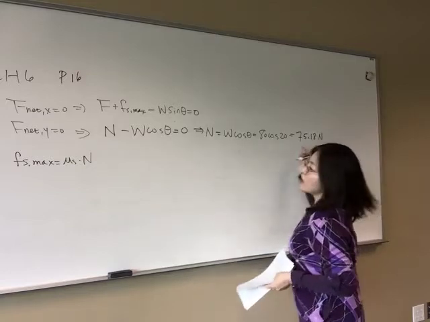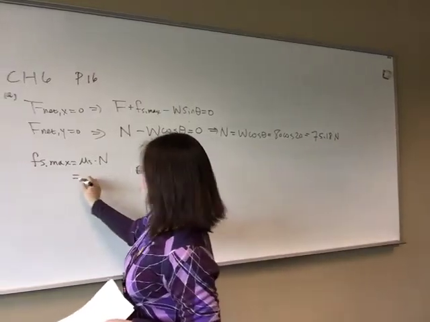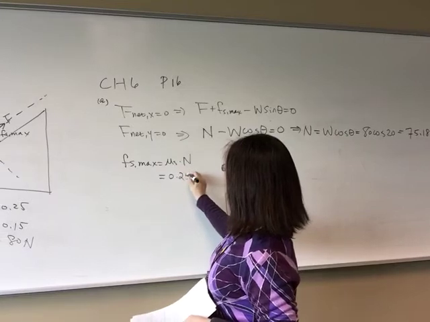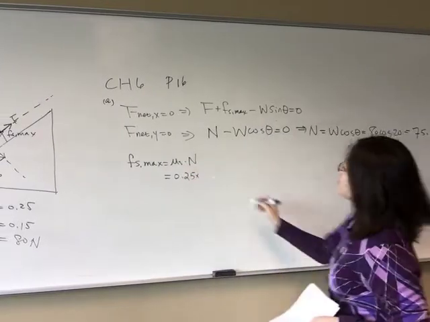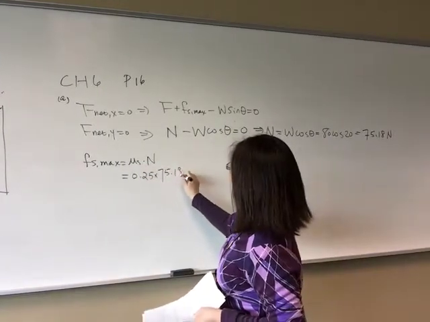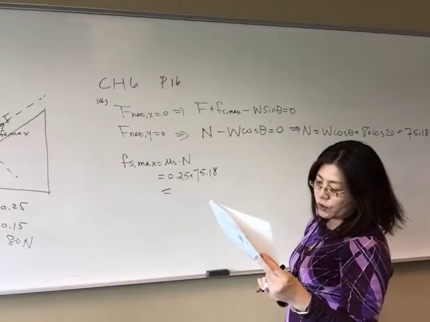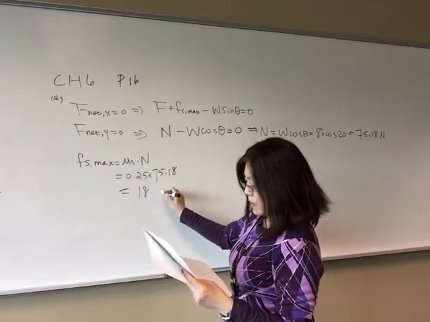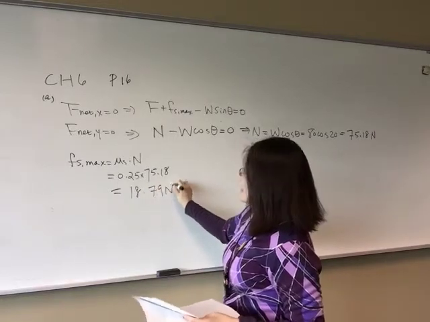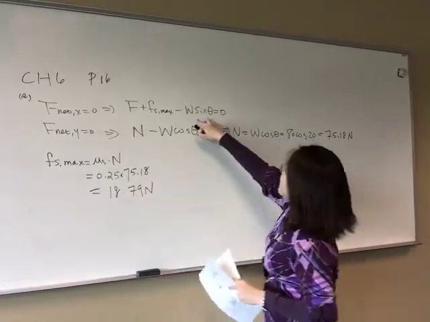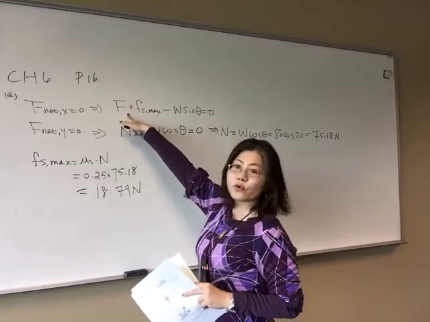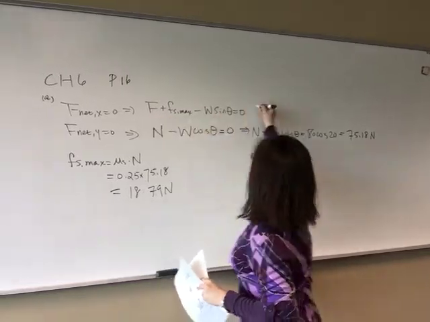And once you have that, then you can plug into this equation. So you have 0.25 times the magnitude of the normal force, 75.18. So you should have the maximum static friction that has a magnitude of 18.79 Newton.